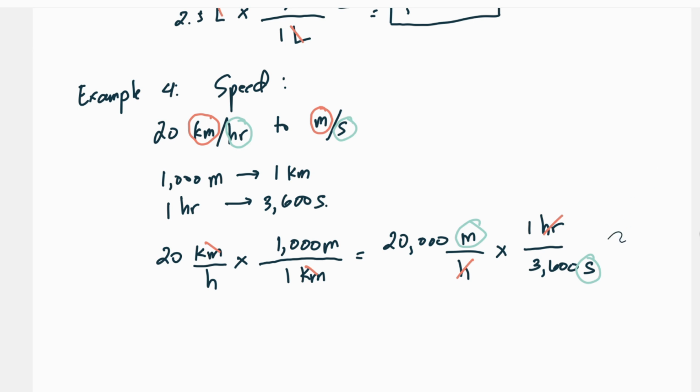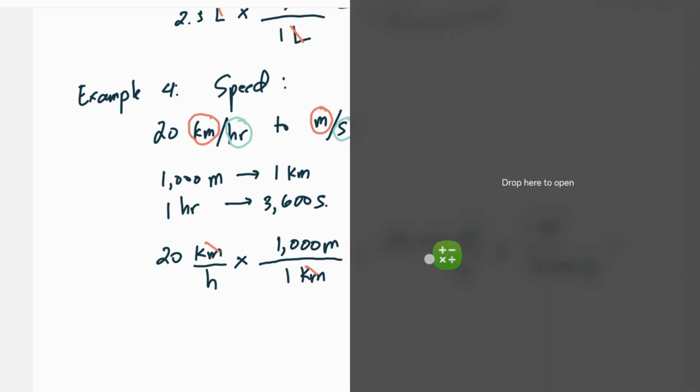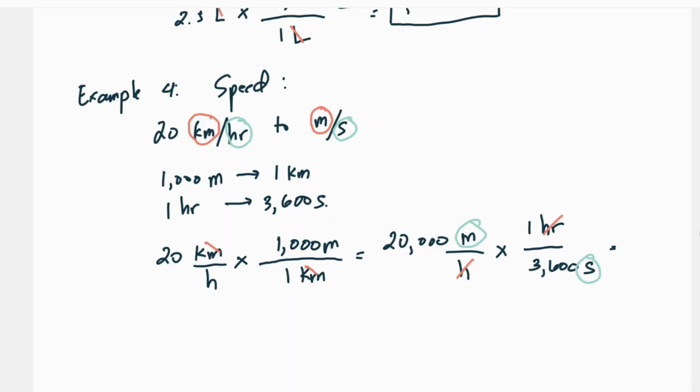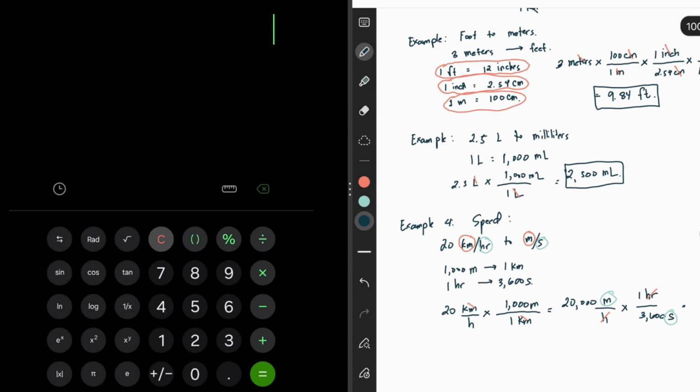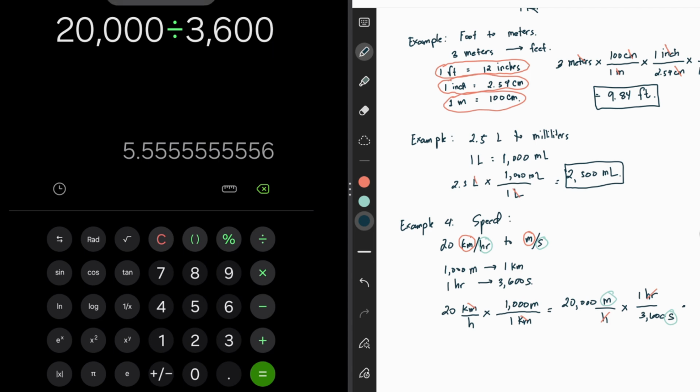So, we will now have to continue with our calculation. In this case, 20,000 divided by 3,600 seconds. So, allow me again to use my calculator on this side. That would give us around 5.56 meters per second, rounded up into 2 decimal places.